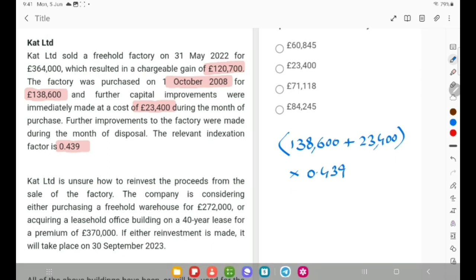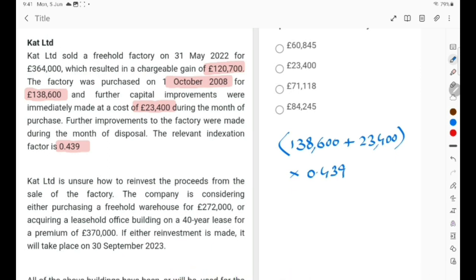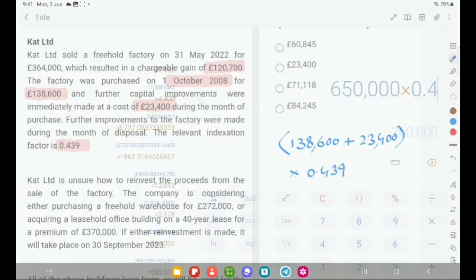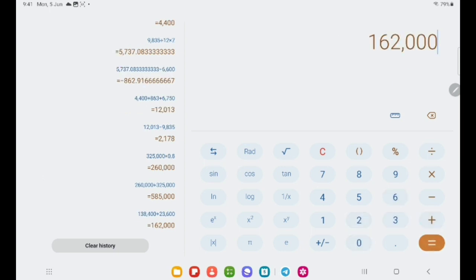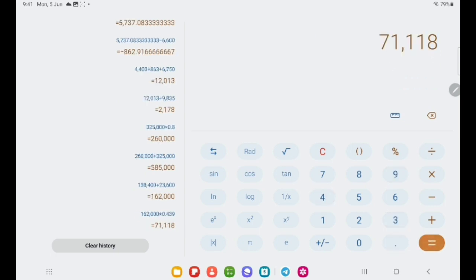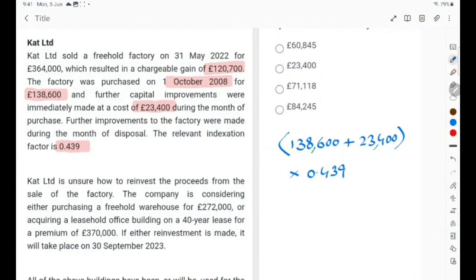So it will be 1,62,000 multiplied by 0.439. This will give you 71,118. So the answer is this about indexation allowance.